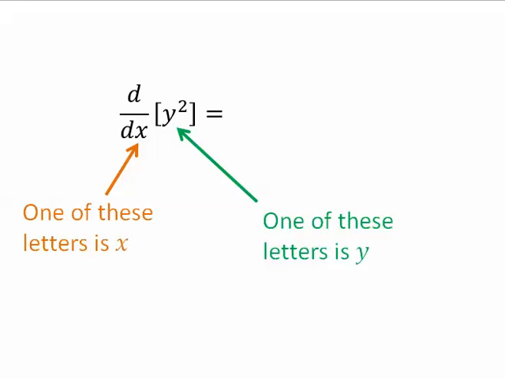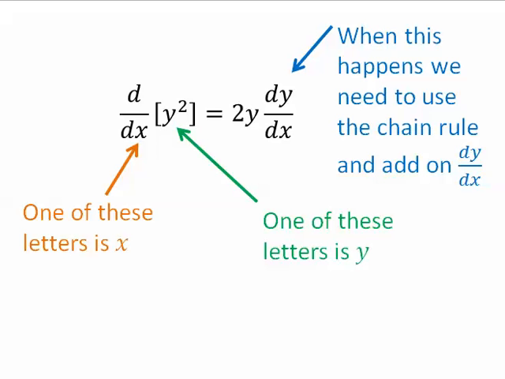What about the derivative of y squared with respect to x? Here the letters don't match up. After I take the derivative of the outside, I'm going to have to take the derivative of the inside. Y is a function of x. So I bring down the 2 and it's y to the 1 power.